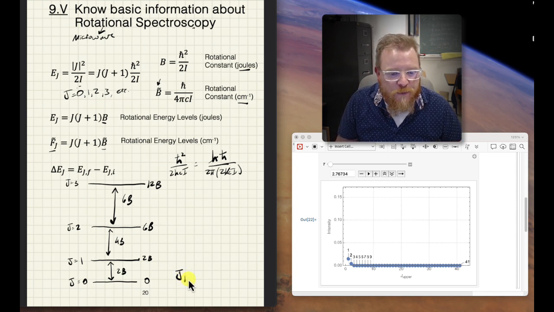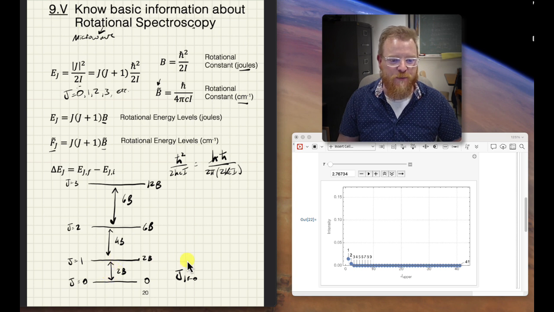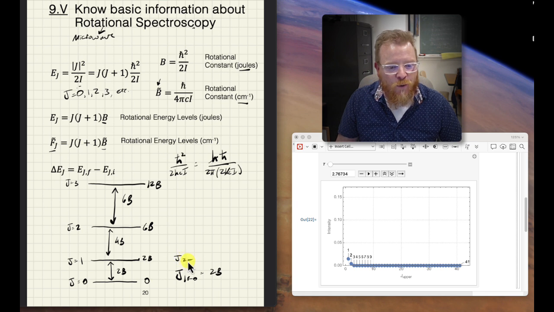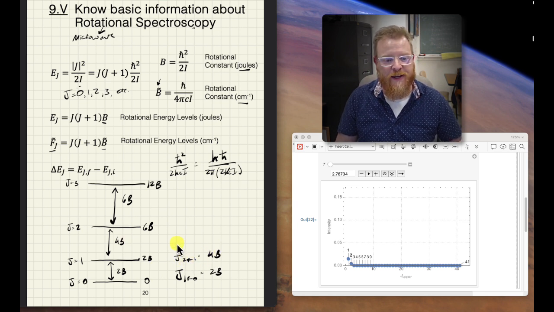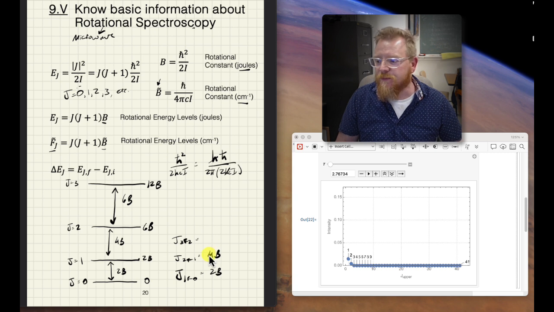Recall in our spectroscopy nomenclature, I write J1 from 0. That nomenclature indicates the difference between these two levels. So that was 2B. J2 from 1 was equal to 4B. J3 from 2 equals 6B.